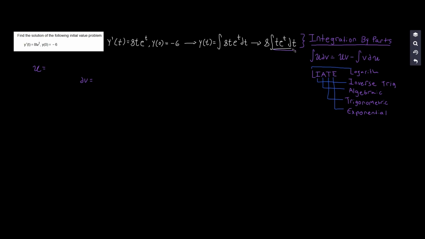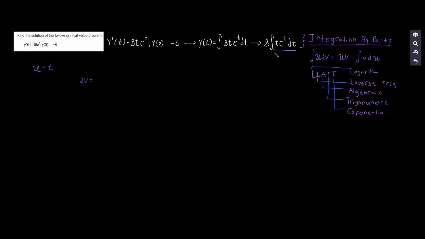So how does that go? Logarithm. We do not see any logarithms in the integrand. Inverse trigonometric functions. We do not see any inverse trigonometric functions in the integrand. Algebraic. t is algebraic. Any variable by itself is algebraic. Therefore, we're going to assign u to be t.